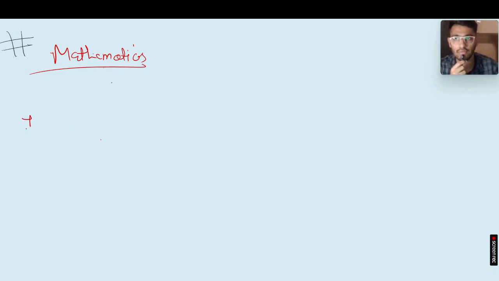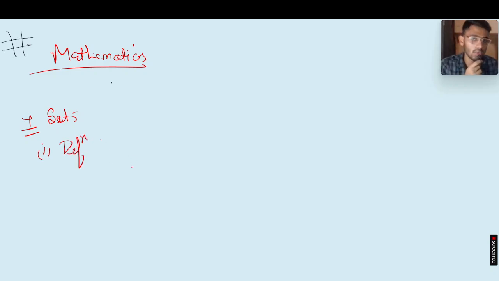So, we will do the first chapter of class 11th, that is sets. Okay, we will learn about the sets, what are they, and what we would learn in the sets. First of all we will learn about the definition. What is it? And we will understand the definition with the help of some examples.